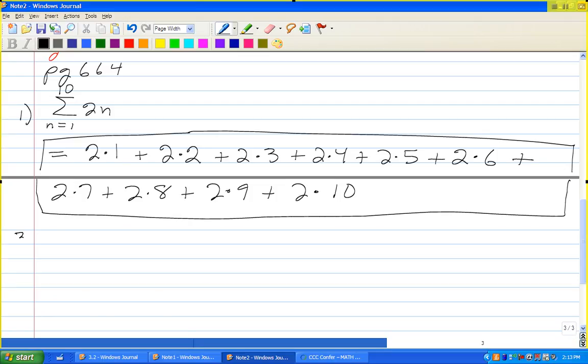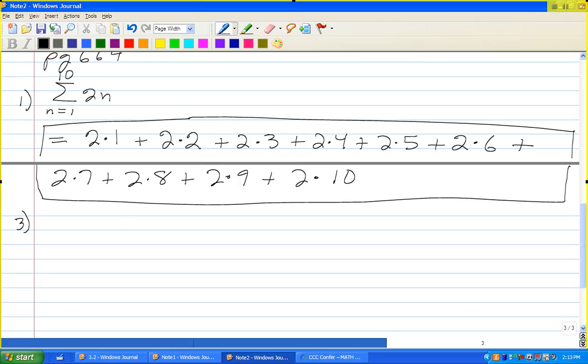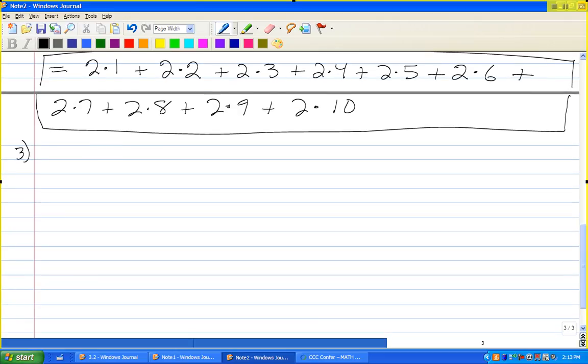Let me do problem number 3. Sum n equaling 1 to 6 of 4 minus 3n.